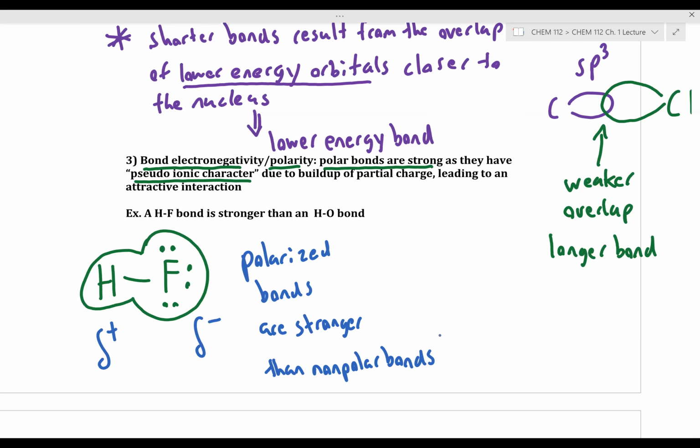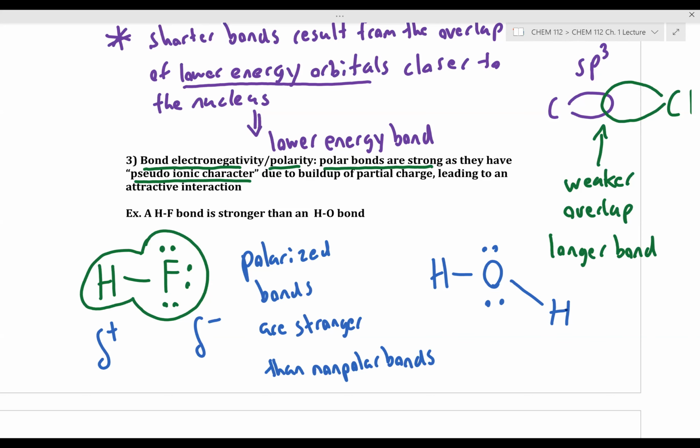As you notice, this is third on our list of factors that affect bond strength. So this is not the most important, but it does come up. This is why a hydrogen-fluorine bond is substantially stronger than a hydrogen-oxygen bond. And my question to all of you is, if we look at this hydrogen-oxygen bond, will there be as much electron density polarized towards oxygen? Is oxygen as electronegative as fluorine?